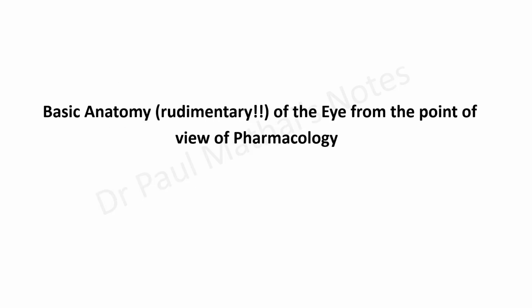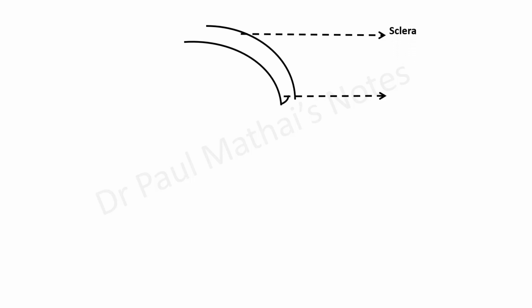Now, before we move on, let us brush up our knowledge about the anatomy of the eye from the point of view of pharmacology. So, there is the sclera, that's the scleral spur. This would be the cornea.